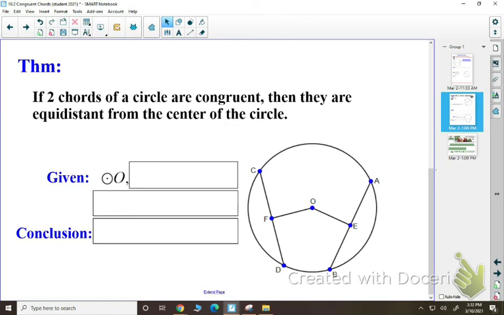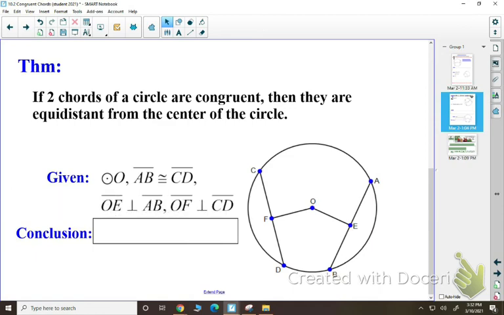So if we're given that we have circle O and that AB and CD are congruent, so the chords are congruent, and we also need to be given that OE is perpendicular to AB and that OF is perpendicular to CD, then we can conclude that they're the same distance from the center. So in this picture, it would be segment OE congruent to segment OF.